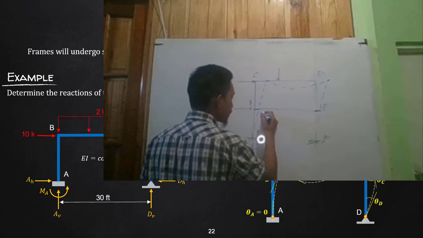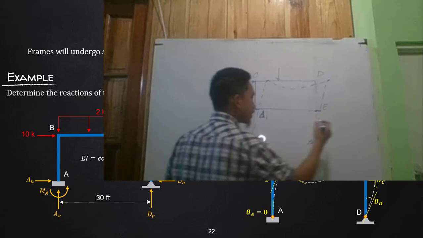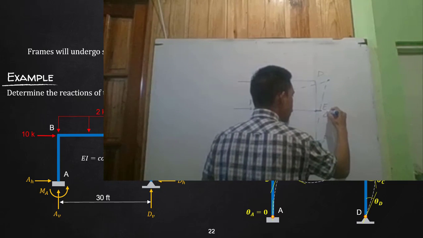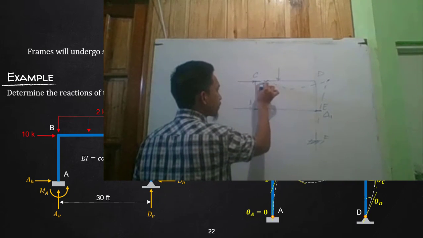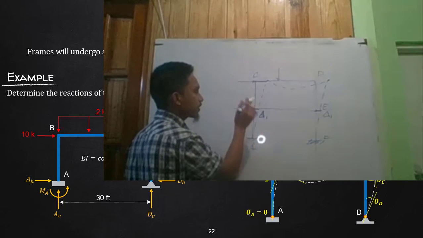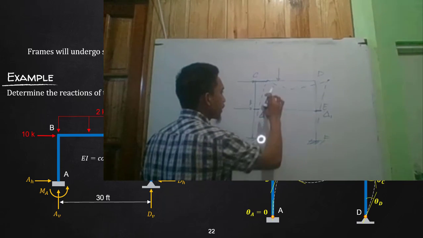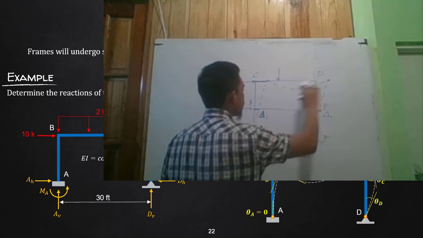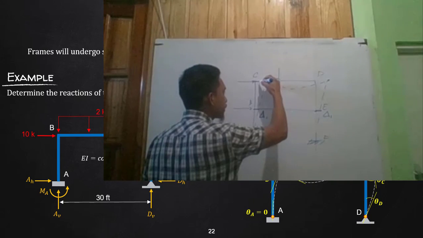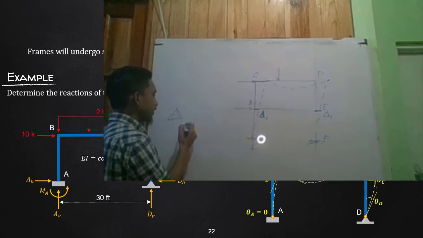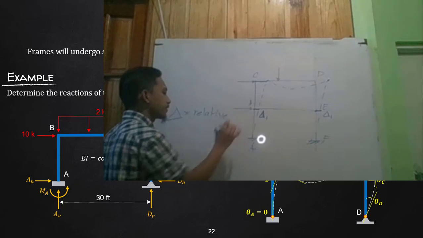So you can say that is delta 1. That is delta 1, and this is also delta 1. There is another delta here, but that delta will not be solved directly by the deflection of frames BC and DE, because actually that is a combination. The delta again is relative. This is a relative deflection.